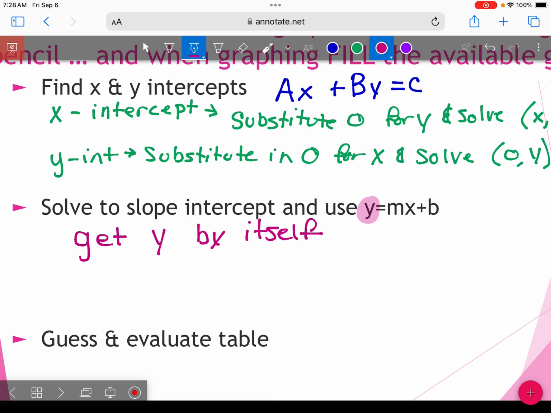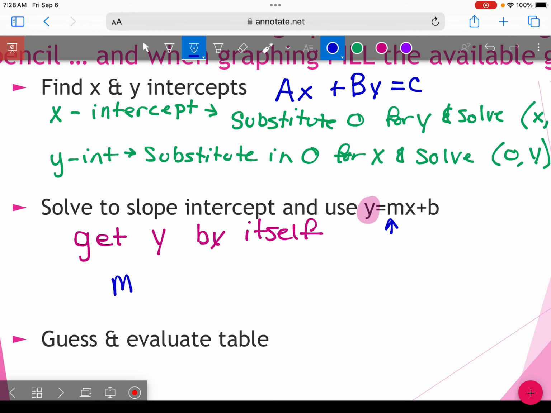We've said that before. We came up with that when we were talking about our linear versus nonlinear. But what do the m and the b mean again? It's called slope-intercept form, so that's going to give us a little bit of a clue. What does m stand for? Slope.